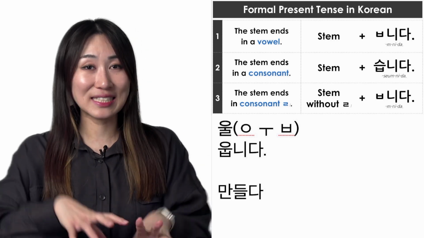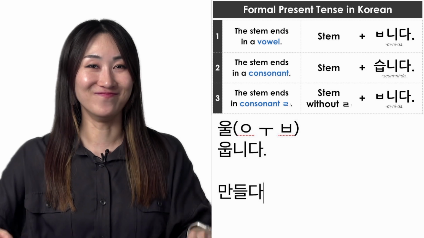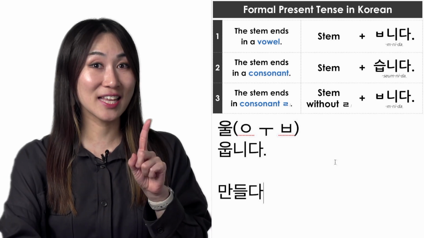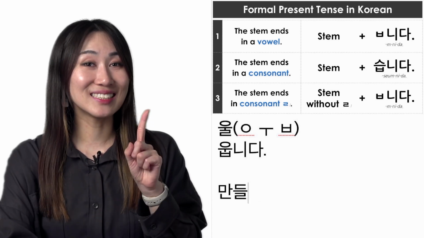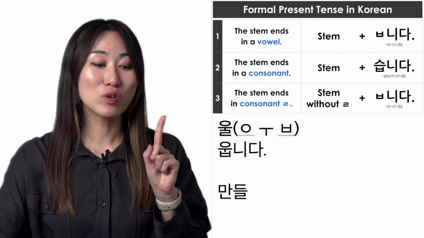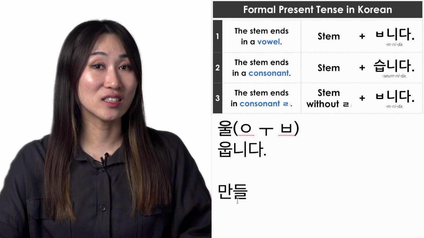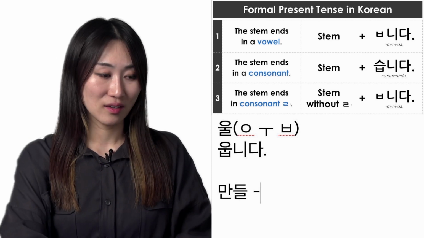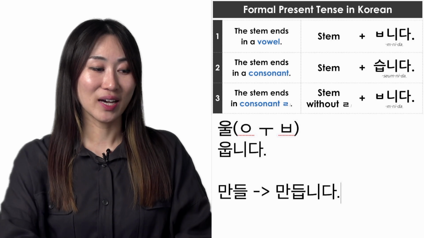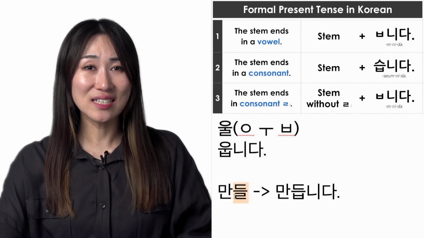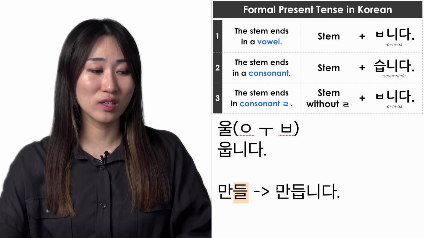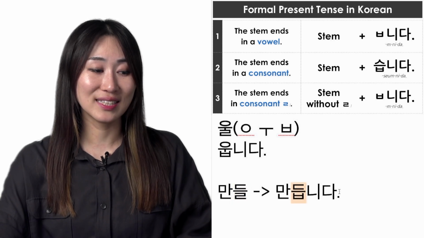You can make pizza, you can make anything. 만들다. What is the stem? 만들. And replace the last 리을 with 비읍, as in 만듭니다. There was 리을 at the end, right? Just replace it with 비읍 at the end and put 니다, 만듭니다.